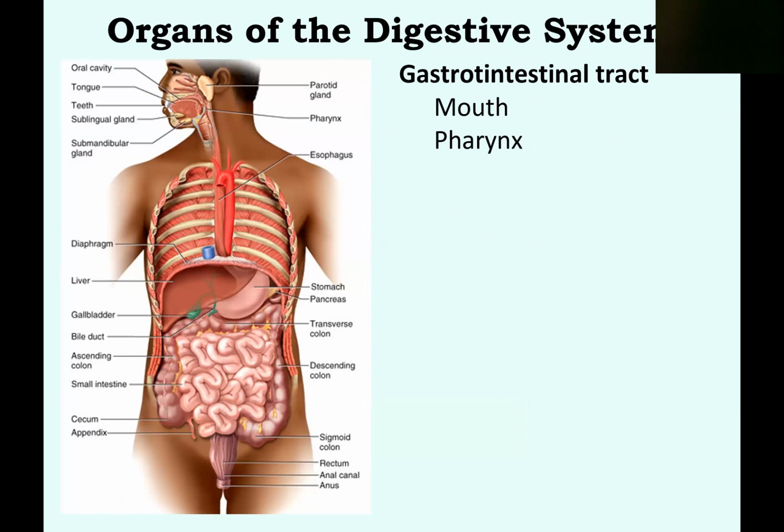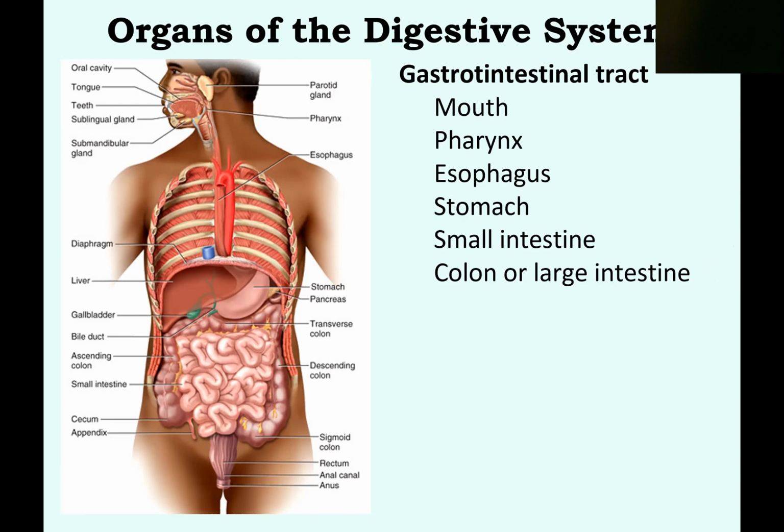Now it'll only be the oro and laryngopharynx, esophagus, stomach, small intestine, because of the lumen size, not the length. Large intestine or colon, again, because of the width or lumen size, not the length. All the rest of the structures lie outside of this tube. Used to be called the alimentary canal.